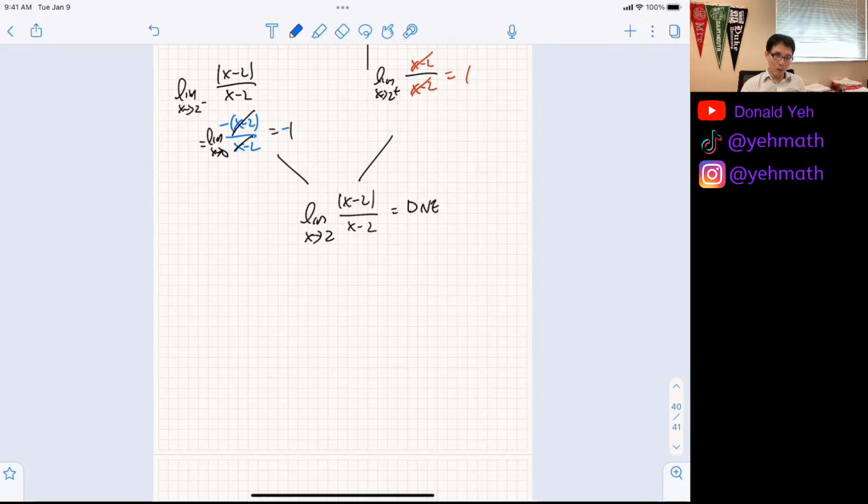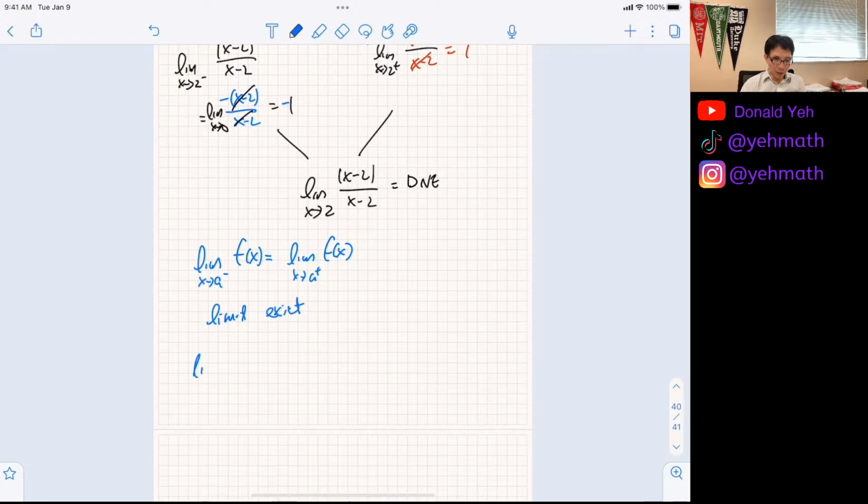So let's talk about when the limit exists. The limit exists when the limit as x approaches a from the left of f of x equals the limit as x approaches a from the right of f of x. This one, the limit exists.